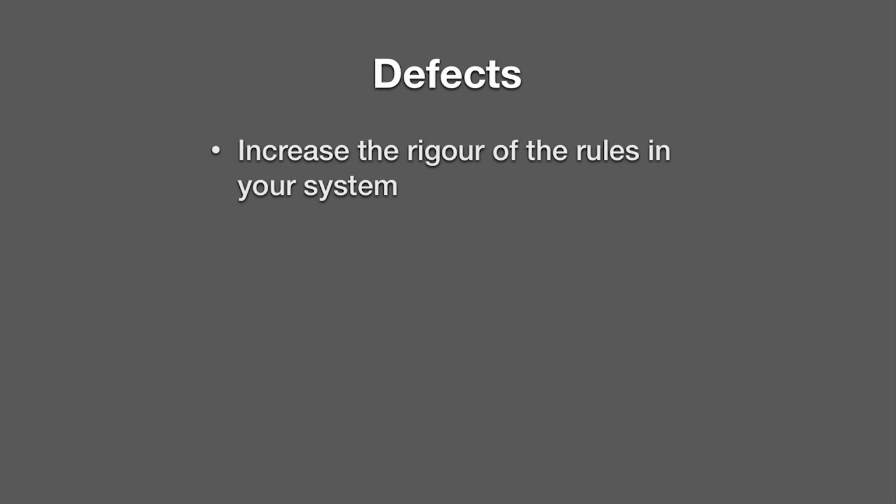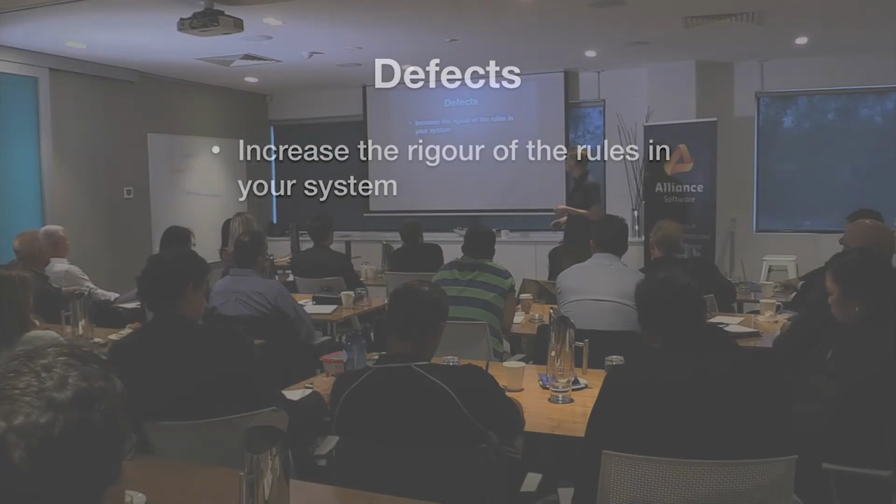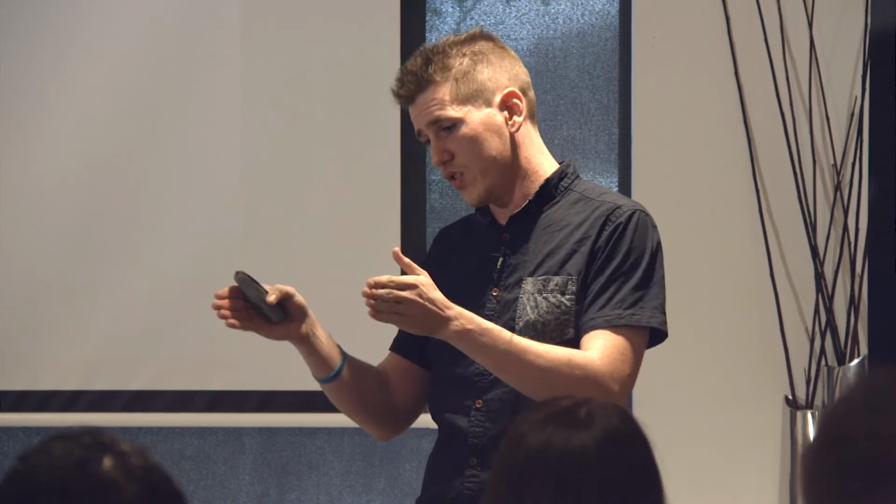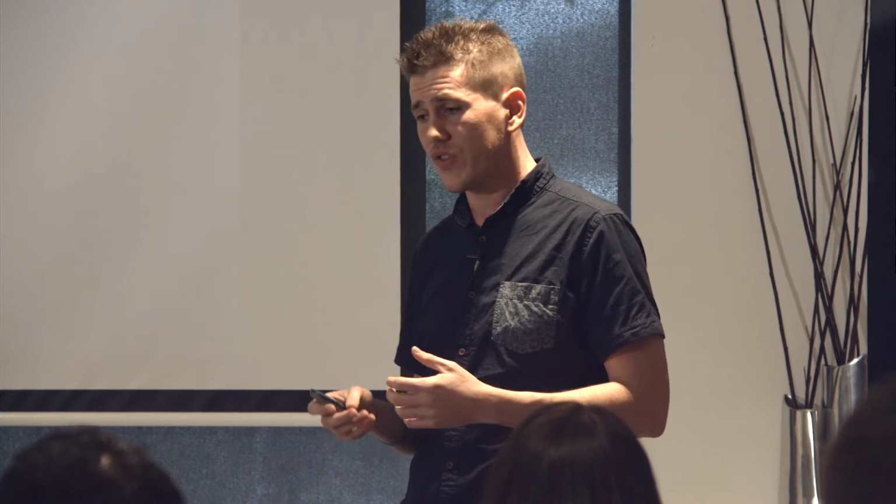And defects. Increase the rigor of the rules in your system. So if you've got a workflow that has one testing phase currently, the feature gets developed and then is tested by a tester and then it goes live. And if you find you're still getting a high error rate, consider adding a second test in there, a different type of test. So for instance, the issue that is occurring might be one where a front-end tester isn't going to pick it up.